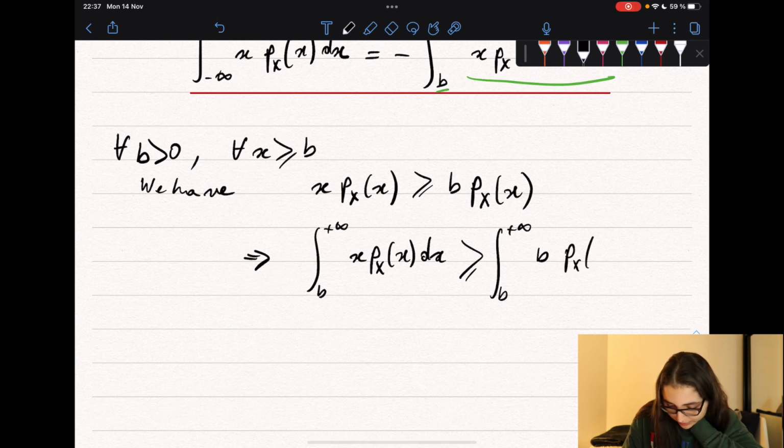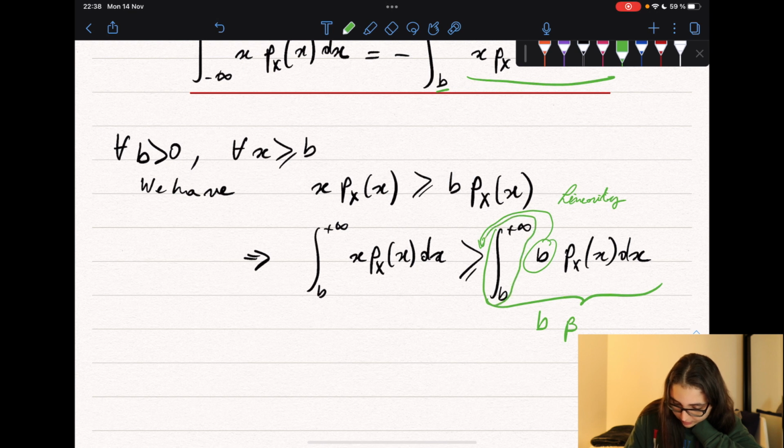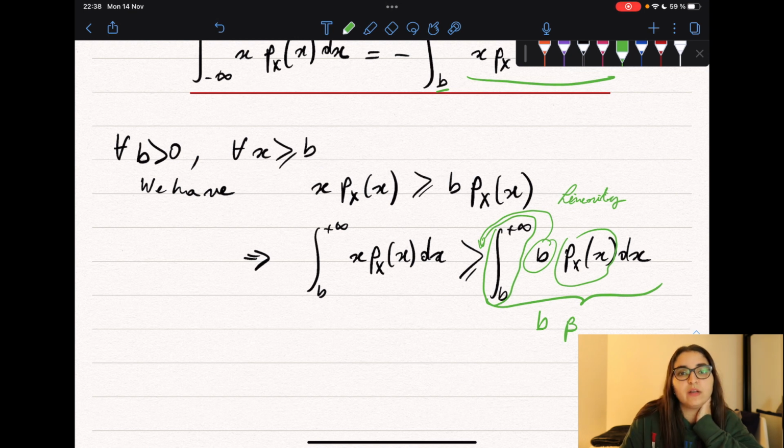The integral of p_X(x) dx is going to be equal to b times beta, where the b we're taking out of the integral because of linearity, and the beta is obtained by integrating p of x over this interval right here, which we have seen corresponds to the definition of beta, which is P(X ≥ b).